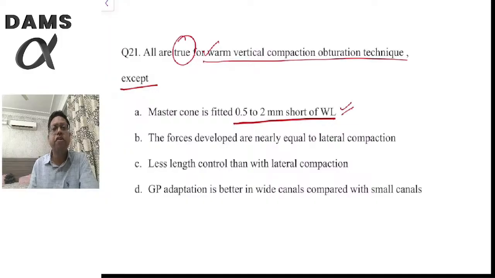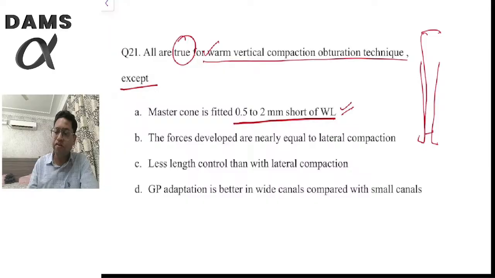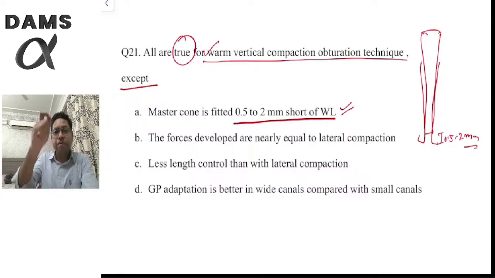Yes, it is true, because whenever we are using warm vertical compaction, if this is the prepared root canal, then we would choose a master cone that sits 0.5 to 2 millimeter short of the working length, so that whenever the pressure is applied by a heated plugger, the master cone would melt and it would flow apically and laterally. If we are keeping it to the working length, it would flow beyond the apex.